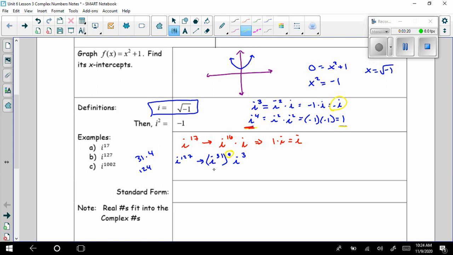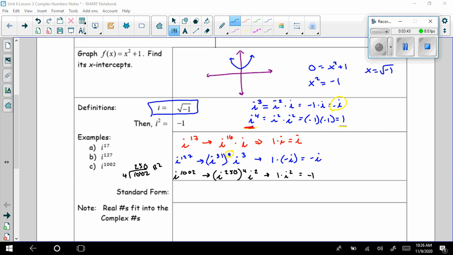Any i to the fourth power is just 1. Okay, so this is 1 times negative i, which is then negative i. All right, go ahead and try this last one. Okay, so this ends up with a remainder of 2, or i squared, which is then negative 1.